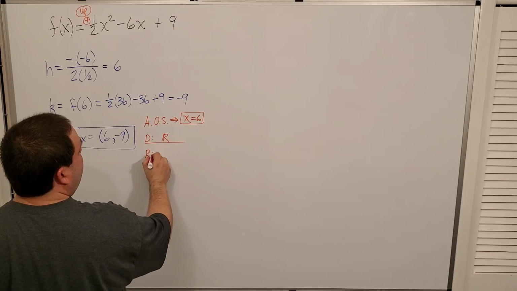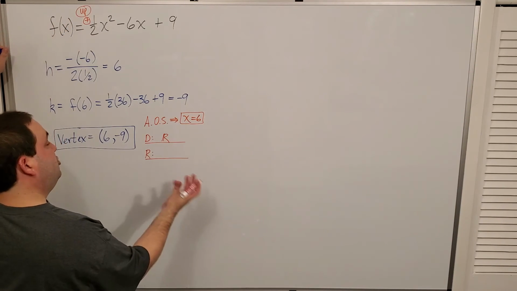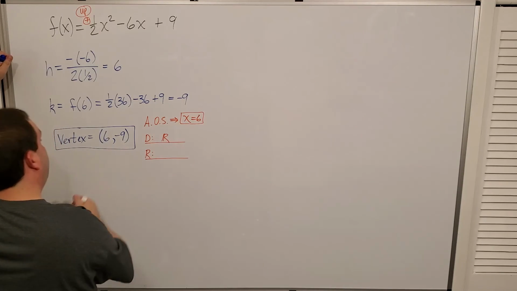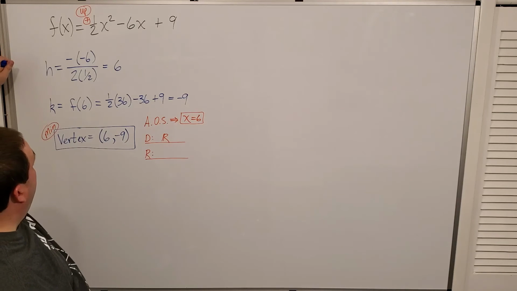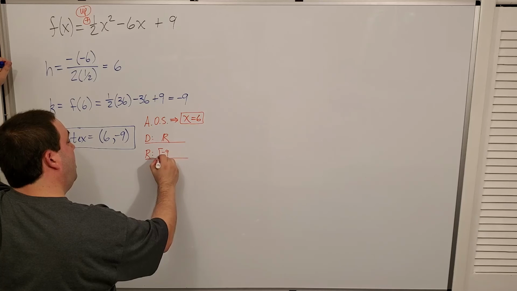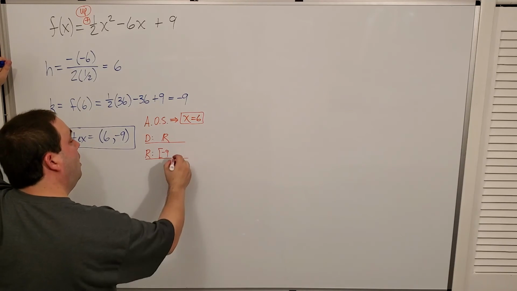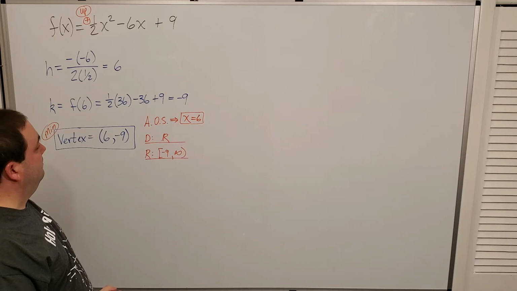My range, I notice that I'm facing upward, so I'm going to start at the bottom. The vertex is going to be a minimum. All right, so then here, negative 9 with a bracket up to infinity would be my range.